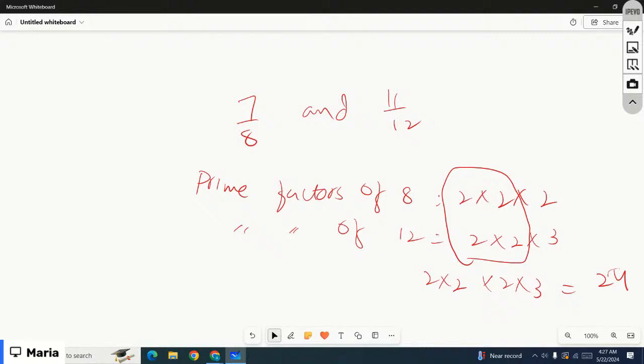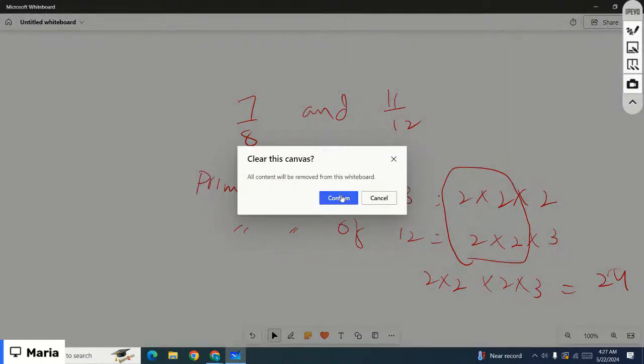The next one is you have to find the LCD for 1 by 2 and 9 by 10, right? 1 over 2 and 9 over 10. So which is the correct option? You are given the options 10 and 2.